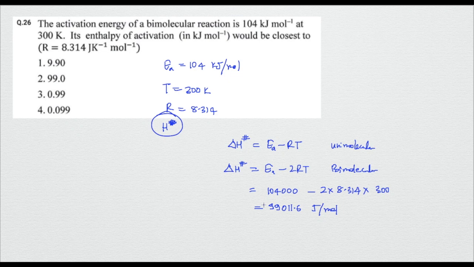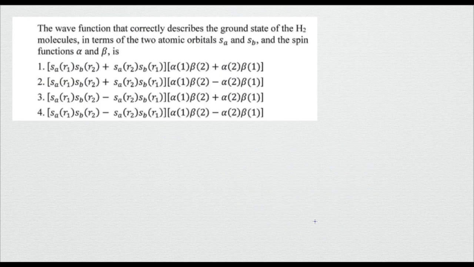Since the answer is asked in kilojoules per mole, we'll just convert this. So this will be 99.011 kilojoules per mole. So the answer will be option number 2. Alright, so this is how it will be done, and it was easy, you just need to know the formula, that's it.